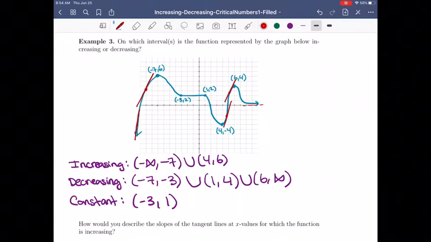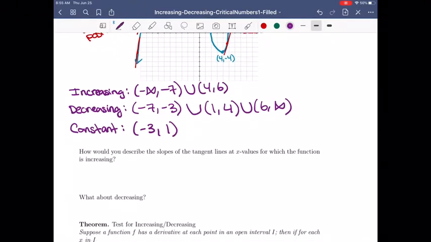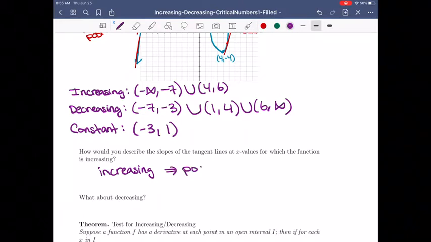Well, it looks like they're all positive. Okay, and that's exactly what happens. So when the function is increasing, we get a positive tangent line slope.